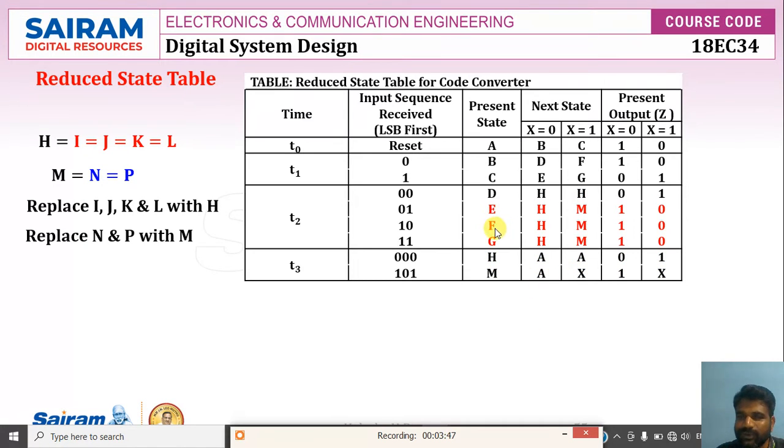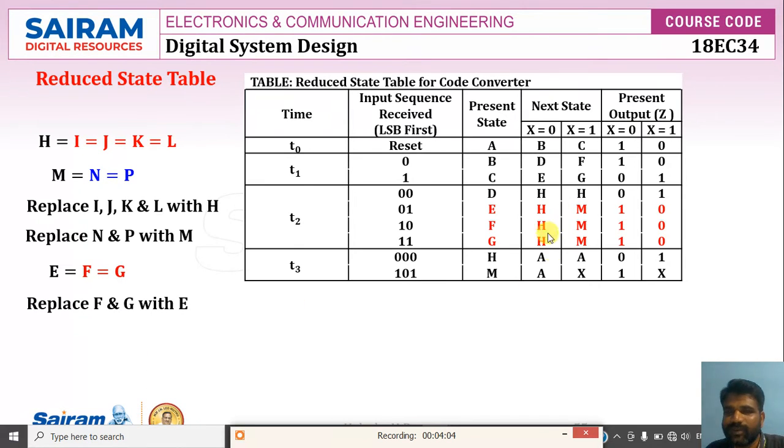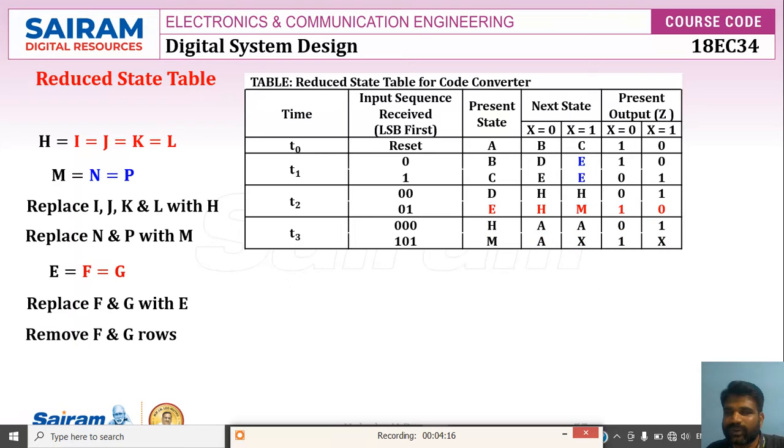See, these three rows have the same next state: H, M, 1, 0; H, M, 1, 0; H, M, 1, 0. So that means E is equivalent to F and F is equivalent to G. So replace F and G with E. Keep the E row and remove the F and G rows.